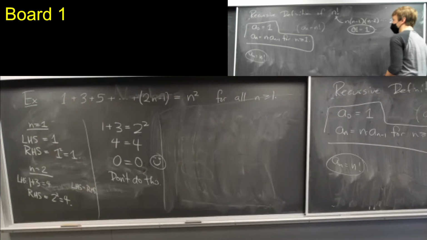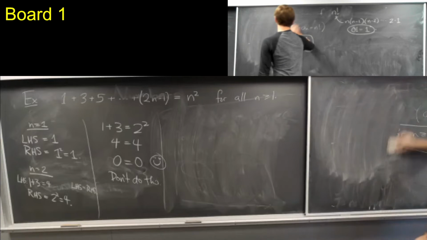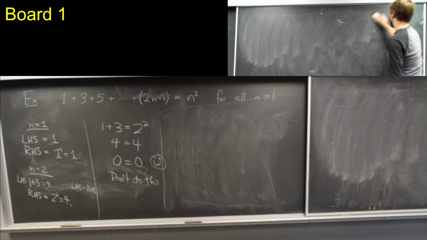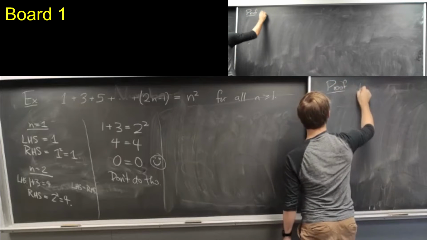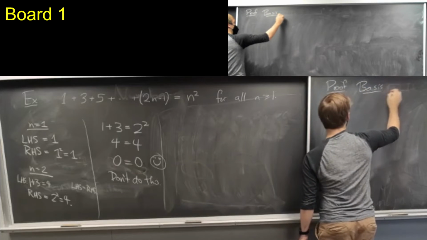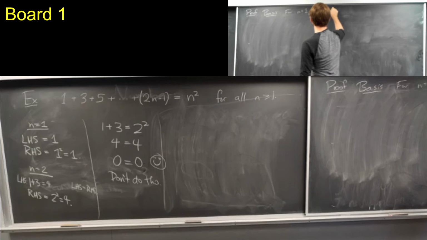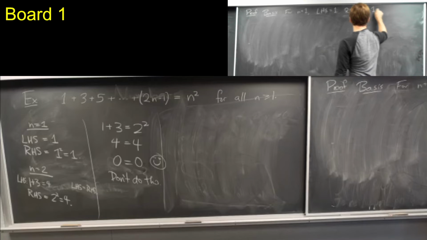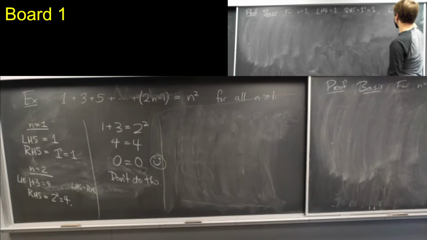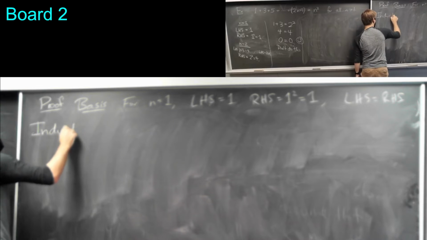Okay, let's do this by induction now. My basis, I've kind of already done it. For n equals 1, the left-hand side is 1, the right-hand side is 1. So left-hand side equals right-hand side, and we're happy. So what's my inductive hypothesis?